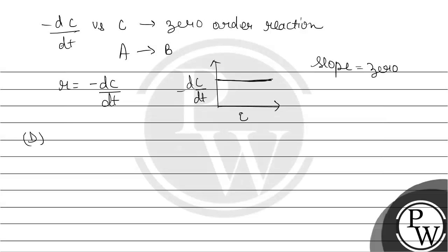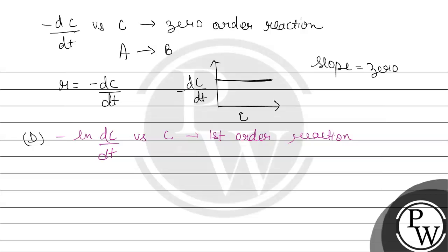Now let us check for the D. Graph is in between minus ln dc upon dt versus concentration for first order reaction. In first order reaction वो reaction होते हैं in which rate depends linearly on the concentration of the reactant.